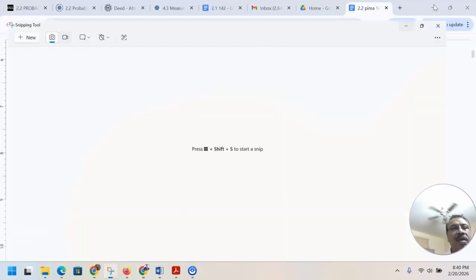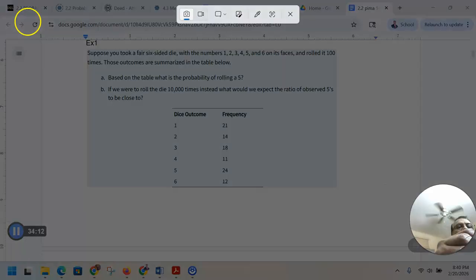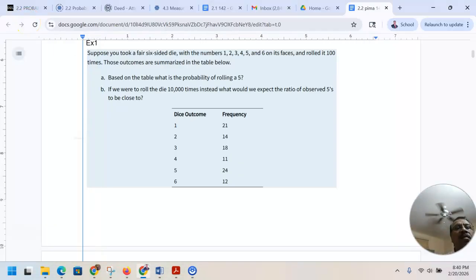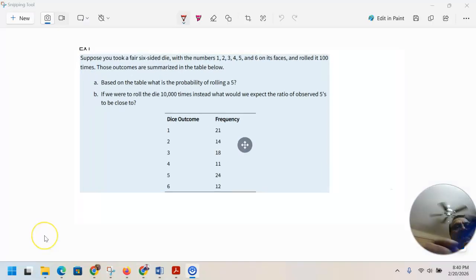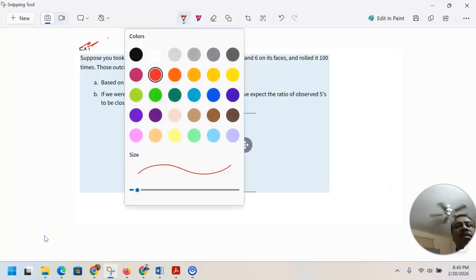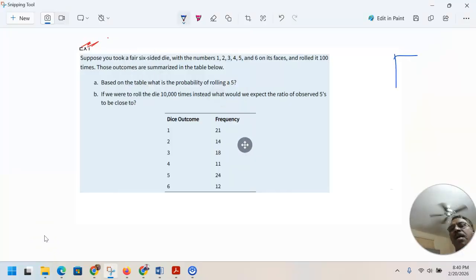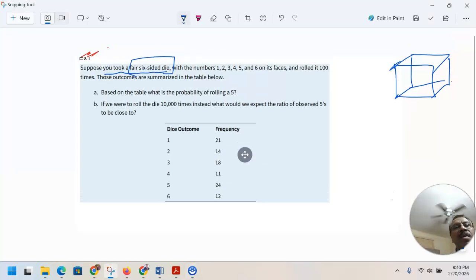So this is example number one. If a die is rolled, and it says a fair six-sided die. What is the meaning of fair?